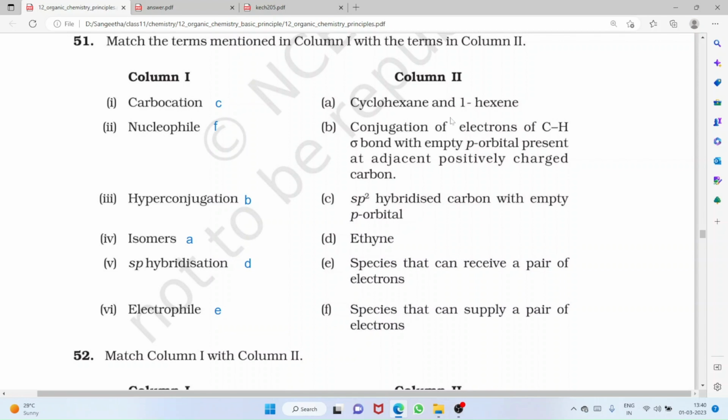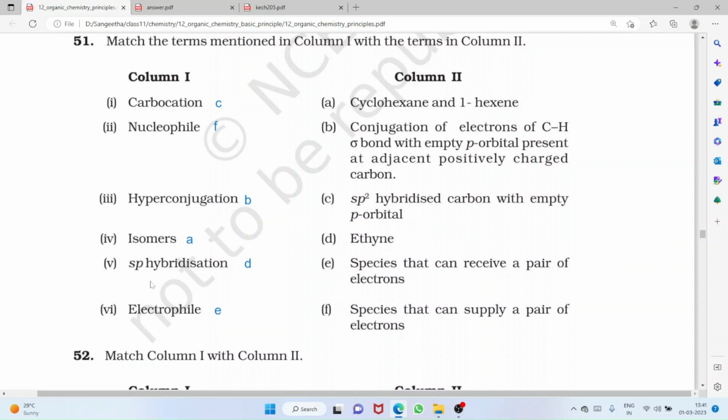Hyperconjugation: conjugation of the electrons of the C-H sigma bond with the empty p orbital present on the adjacent positively charged carbon. Isomers: these two are isomers.